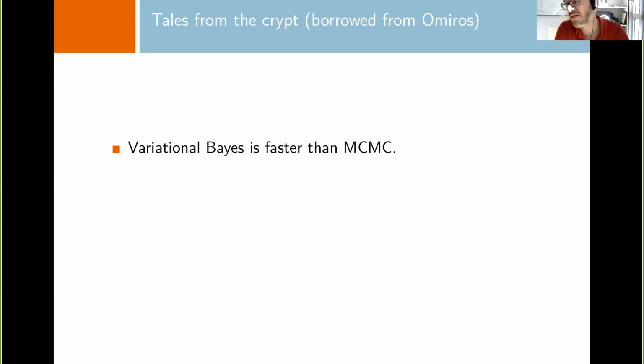They might be right in certain settings and not in other settings. One of these tales from the crypt you hear often is that variational Bayes is always faster than MCMC. And Omiros in his talk gave a situation where he managed, with colleagues, to design MCMC samplers that are actually faster than variational Bayes and yet more accurate. So that's the tale from the crypt.